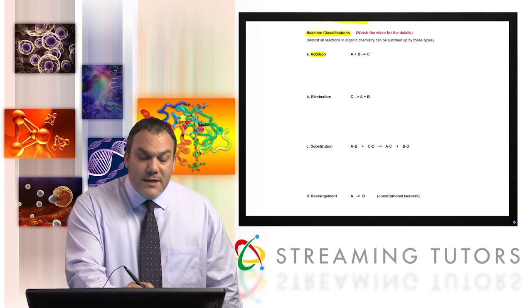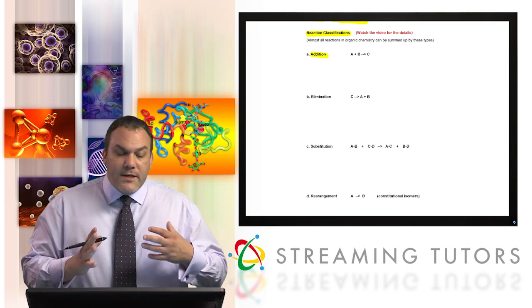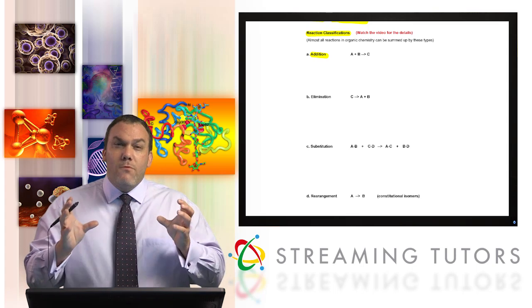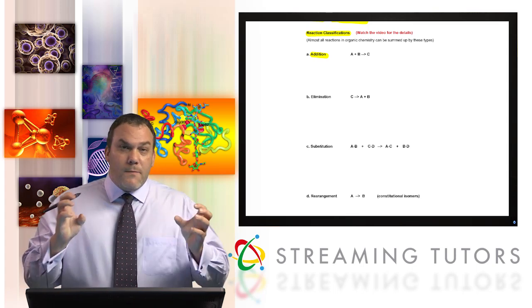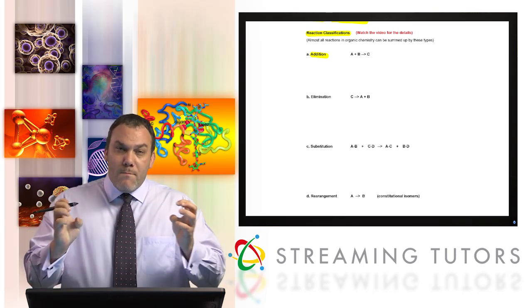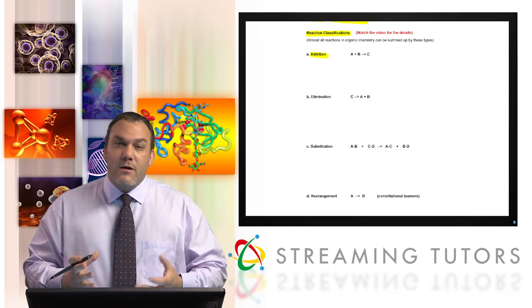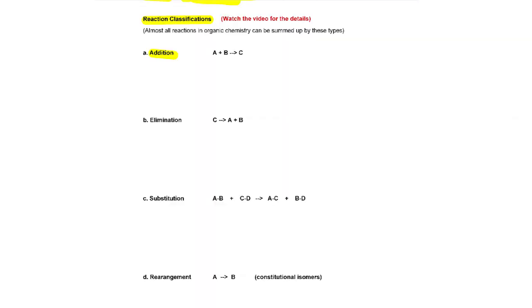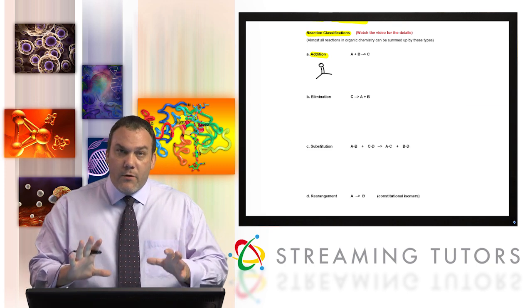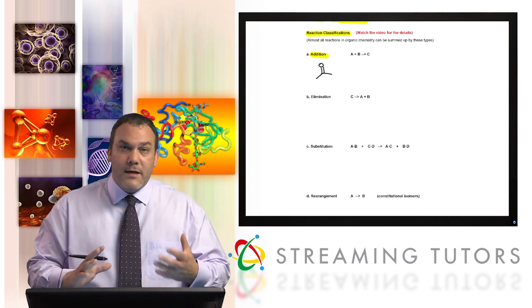The first one is known as an addition. What an addition means is that you're taking 2 molecules that are independent of each other and you're making them into one. Okay, that's known as an addition reaction. I'm going to give you an example of that. Let's say I have a carbonyl group, and by the way, you don't have to know these examples. You just have to get the idea of what's happening.